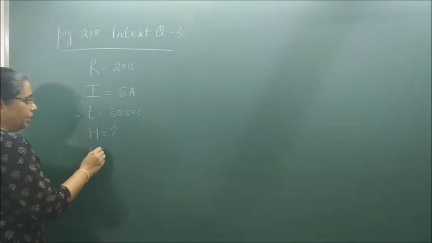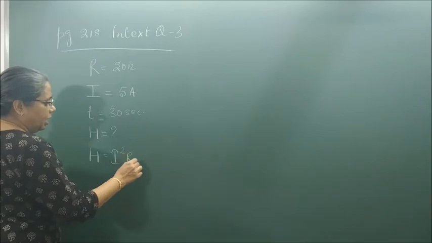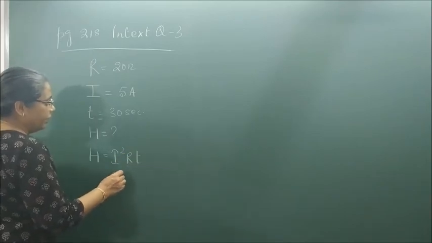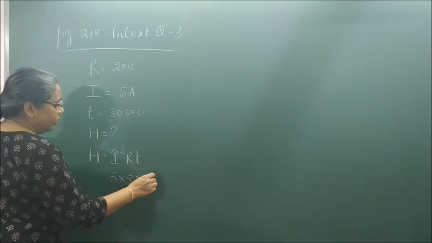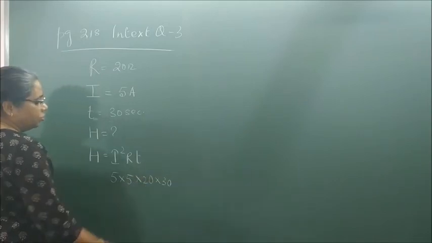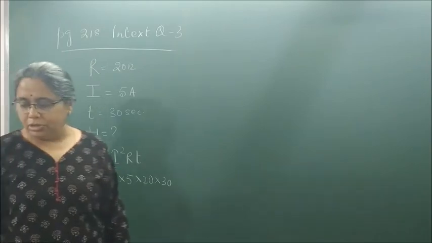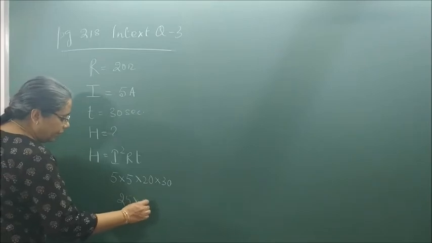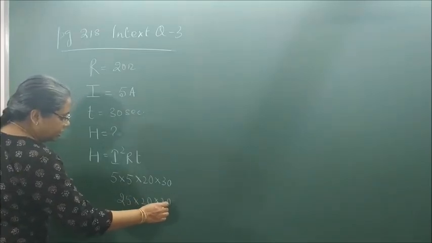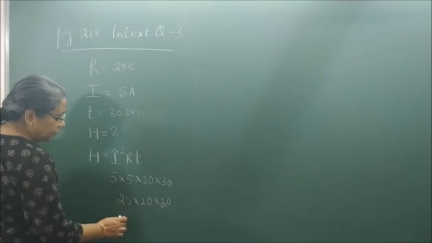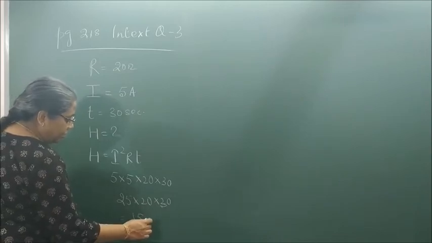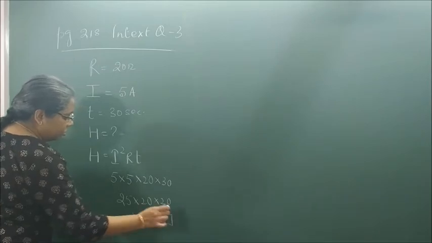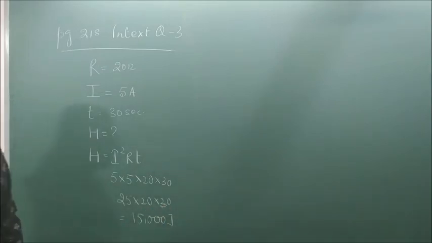H. Formula? I square RT. I is 5, so 5 into 5 into 20 into 30. So 25 into 20 into 30 is 15,000 joules. So this is how you are supposed to solve these two problems. It is very simple. You just have to apply the formula.